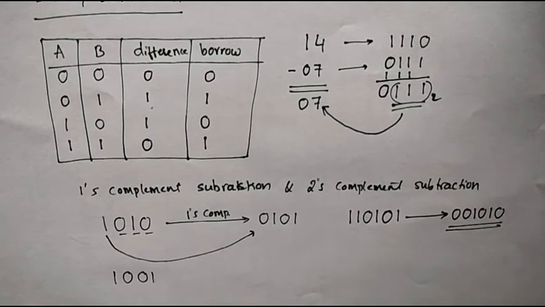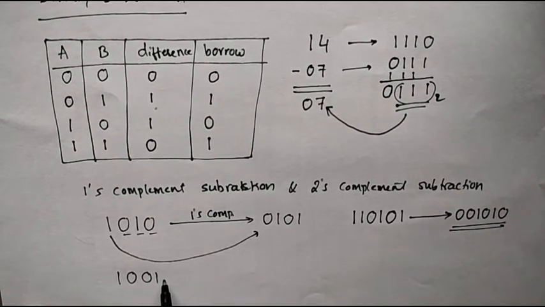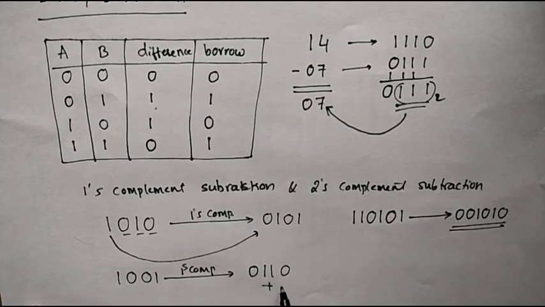To get the 2's complement of 1001, first we need to find the 1's complement of this number. 1's complement of this number gives 0110, plus add one extra bit 1 to get the 2's complement of a number.